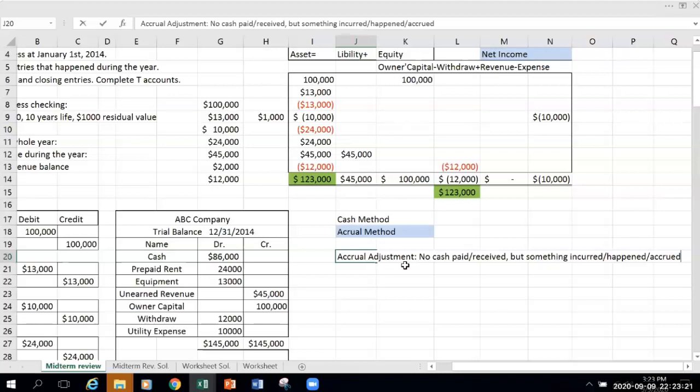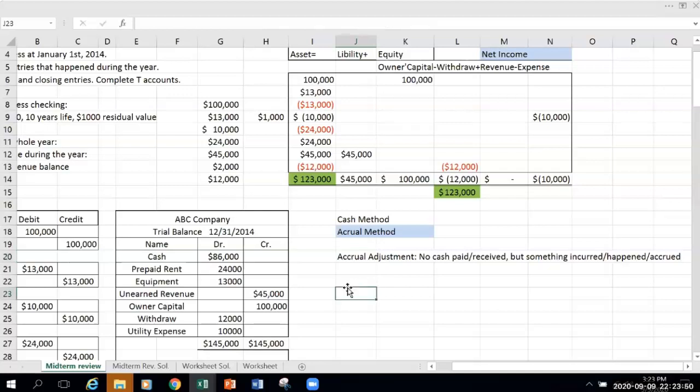Maybe at the end of the year, December 31st, you are still not going to pay interest, but you have to recognize that interest incurred. You have accrued interest, and accrued interest needs to be recognized. That's what we call an adjusting entry for accrued interest.